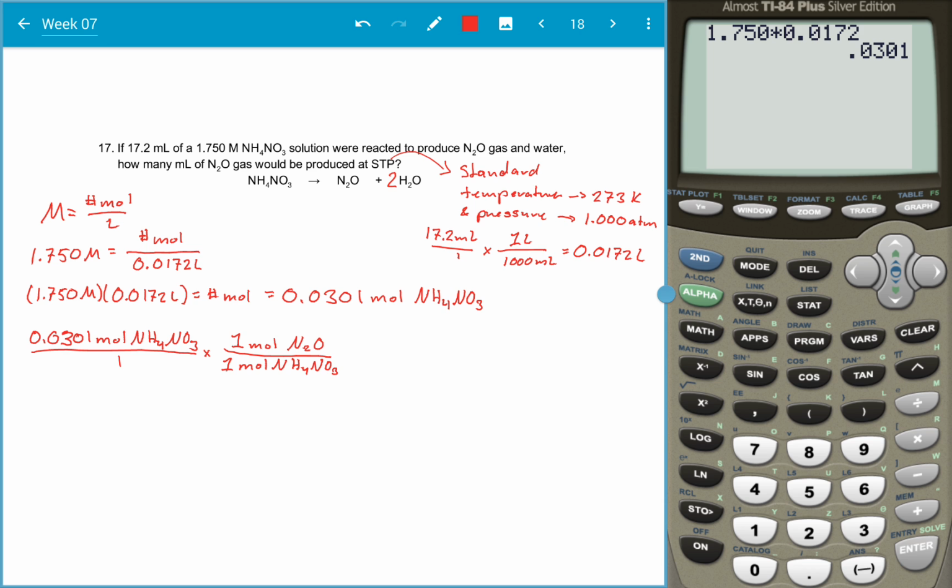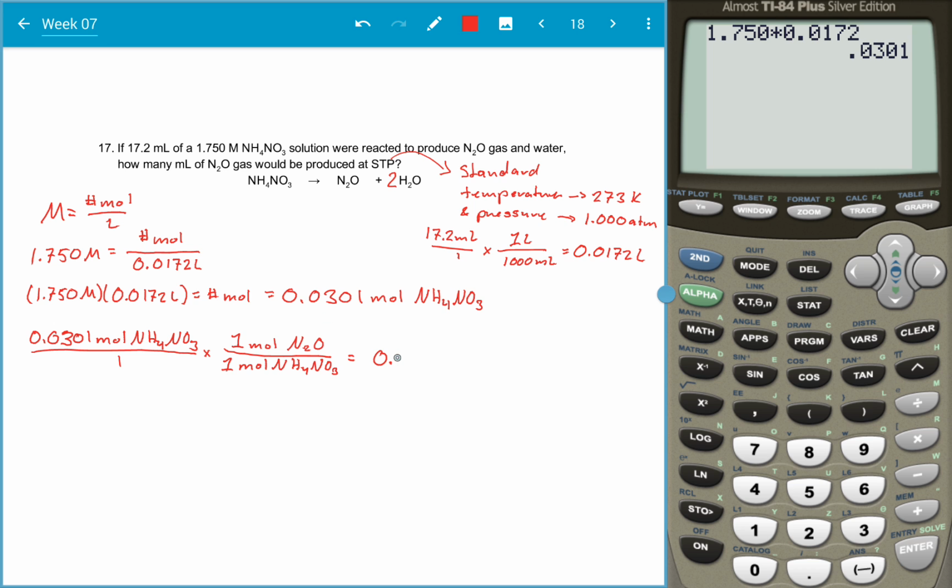Now, it may be tempting to look at this and say, oh, I don't even have to do that step. But it's a good habit to get into. And also, if you happen to get a wrong answer, I can provide more partial credit if I see steps like this actually written out.